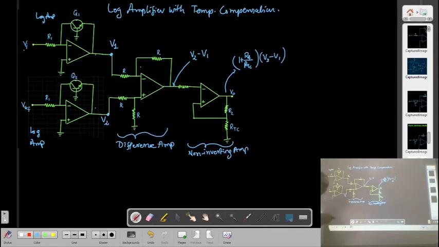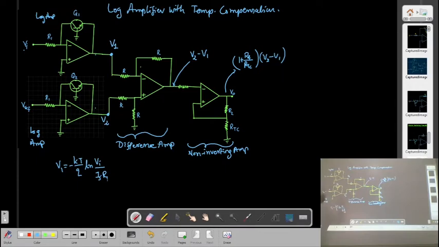Now what are V1 and V2? Here V1 we can write as minus kT by Q ln, where my input voltage is Vi, divided by the reference voltage, and that is nothing but Is into R1.